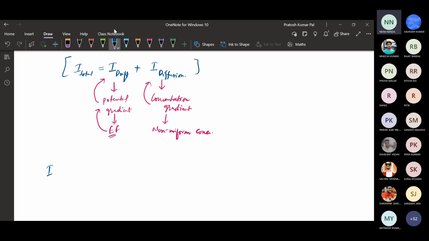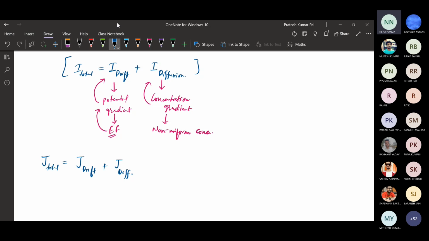So this concentration gradient and potential gradient are causing the drift and diffusion current, and the total current will be given in terms of the current density. Overall, the total current density is J because of the drift plus J because of the diffusion.